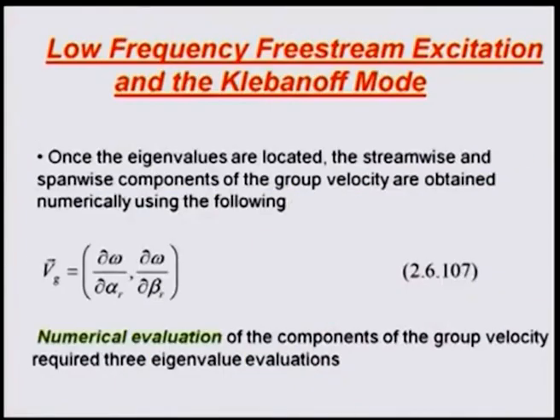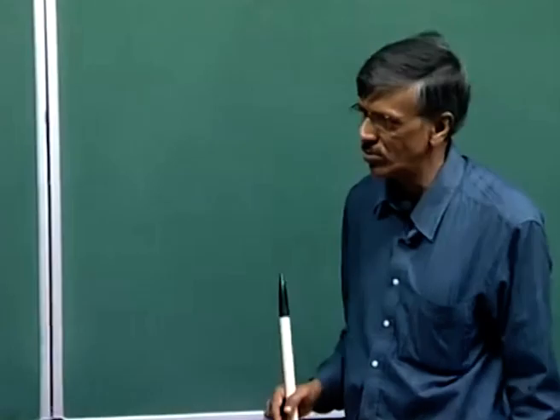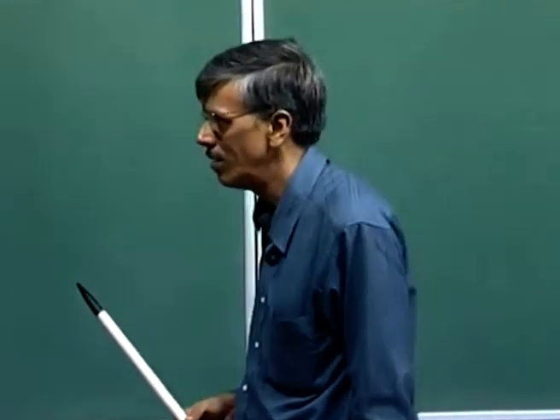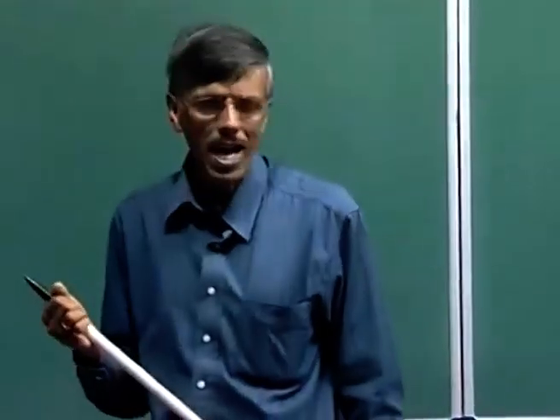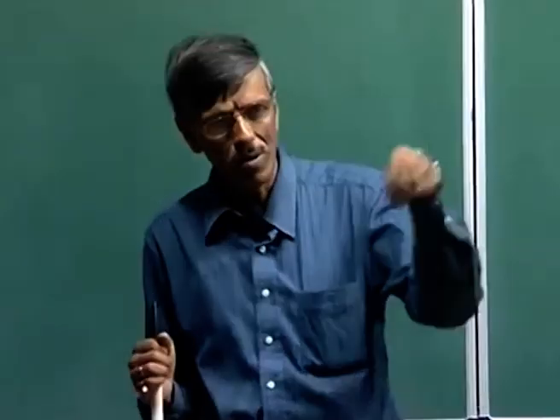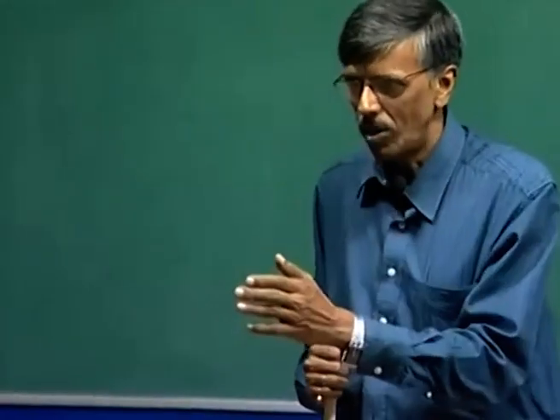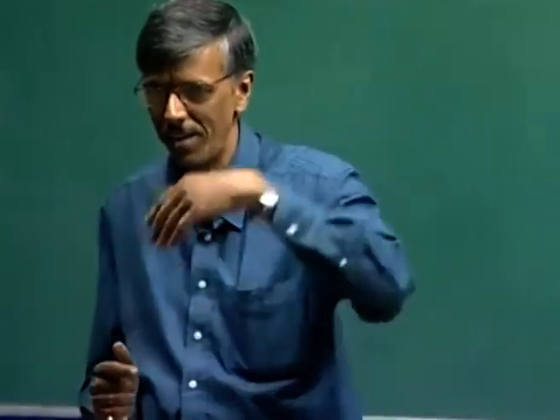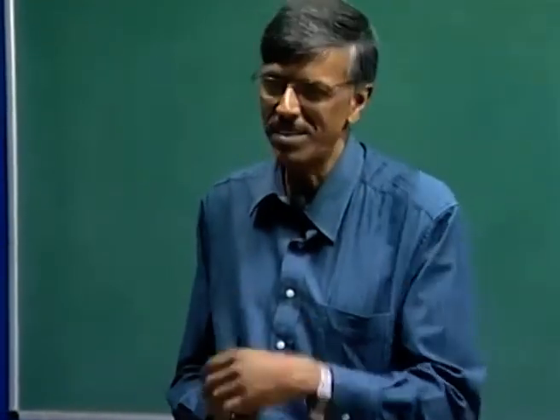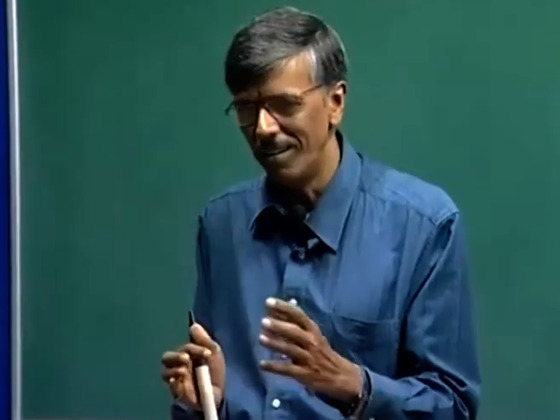Now, we can go through this eigenvalue analysis. If I fix omega naught, I will also fix some beta naught and I will get the corresponding alpha. So, it is basically reducing our work.